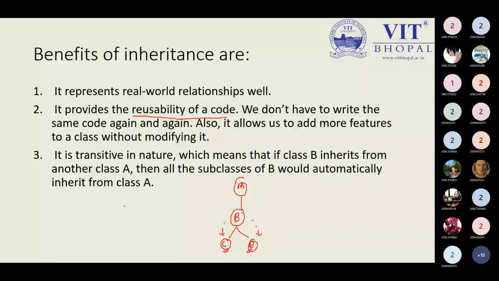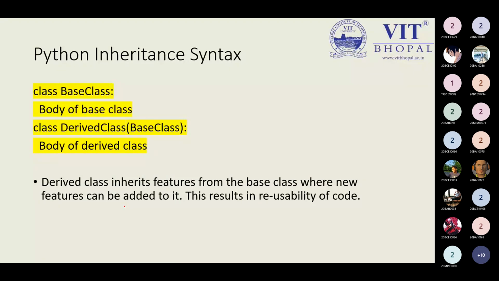Let me explain the syntax. How can we write the syntax of inheritance in Python programming? It's a very simple example. I can take an example, then you can easily understand.